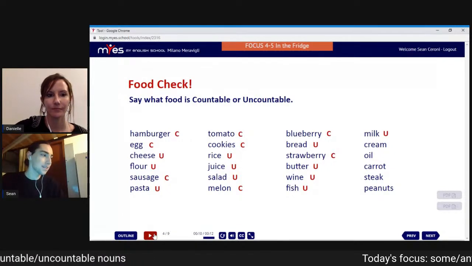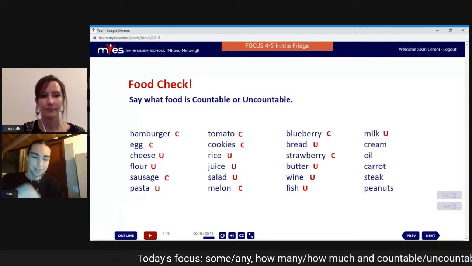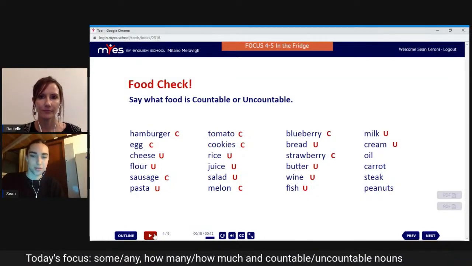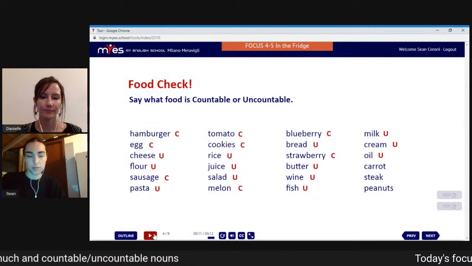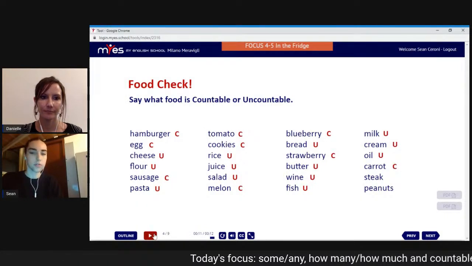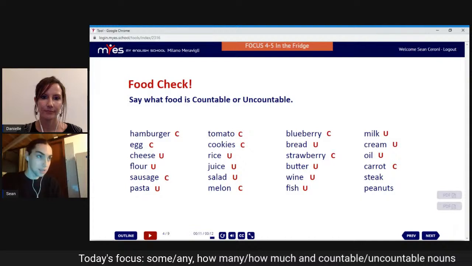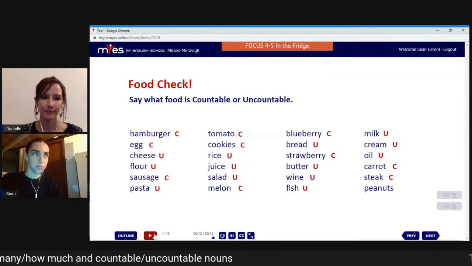Cream isn't exactly a liquid, but it's still not a solid singular thing, so also uncountable. Oil, liquid, uncountable. Carrot is a vegetable, single thing, countable. A steak is a piece of meat, so it's countable.